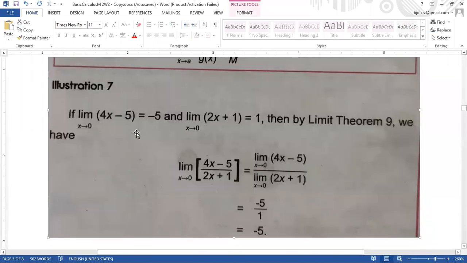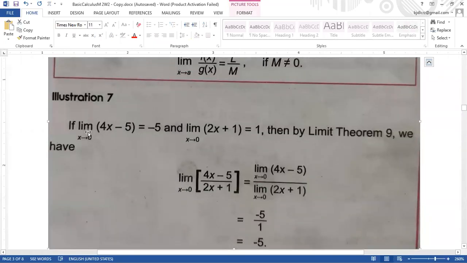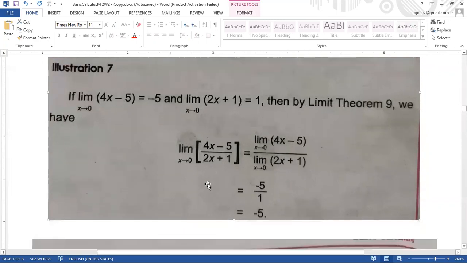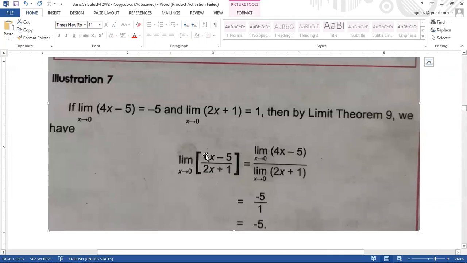Okay, for the illustration, if limit of 4x minus 5 as x approaches to 0 is equal to negative 5, and the limit of 2x plus 1 as x approaches to 0 is equal to 1, then by limit theorem 9, we have the limit of 4x minus 5 divided by 2x plus 1 as x approaches to 0.